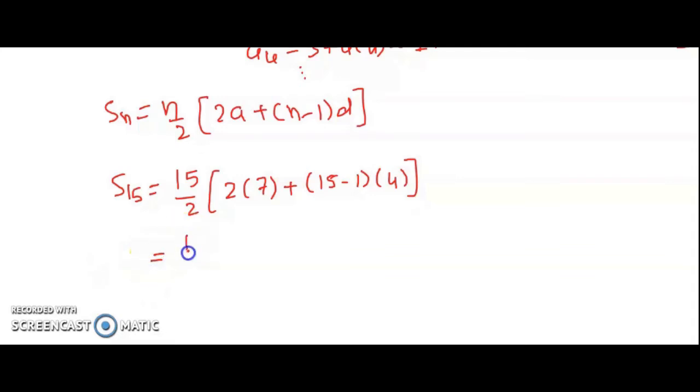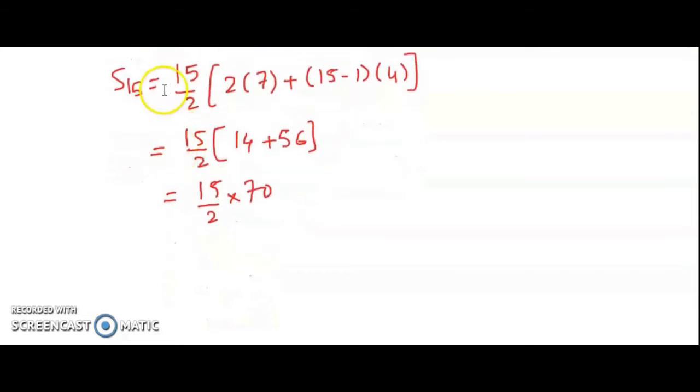If you simplify this, 15 divided by 2, 7 multiplied by 2 is 14, plus 15 minus 1, that is 14, and 14 multiplied by 4 gives 56. So this will be 15 divided by 2, and 14 plus 56 will be 70.